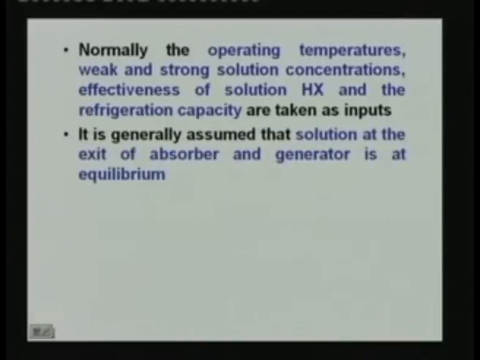It is generally assumed that the solution at the exit of the absorber and generator is at equilibrium. If you want to use the solution property tables, that means the PT concentration and enthalpy temperature concentration charts that we have shown, remember that these charts are for equilibrium conditions.